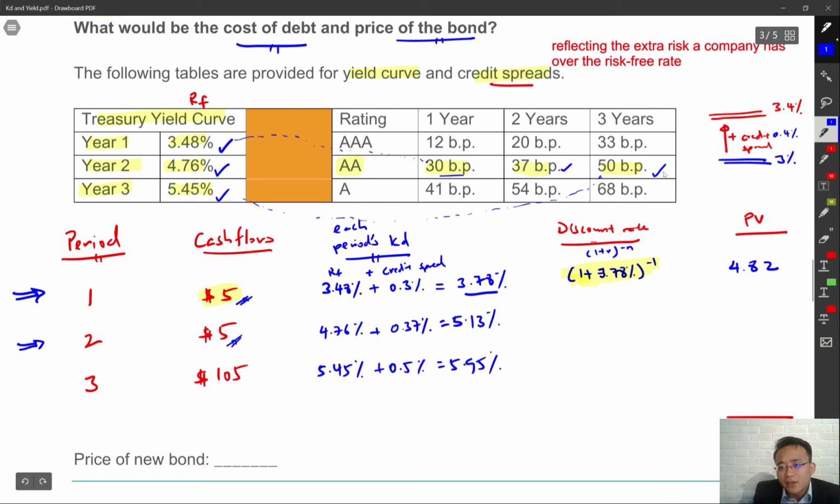Now for the next discount rate will be 1 plus 5.13% power minus 2. So $5 times 1.0513 power minus 2, 4.52.